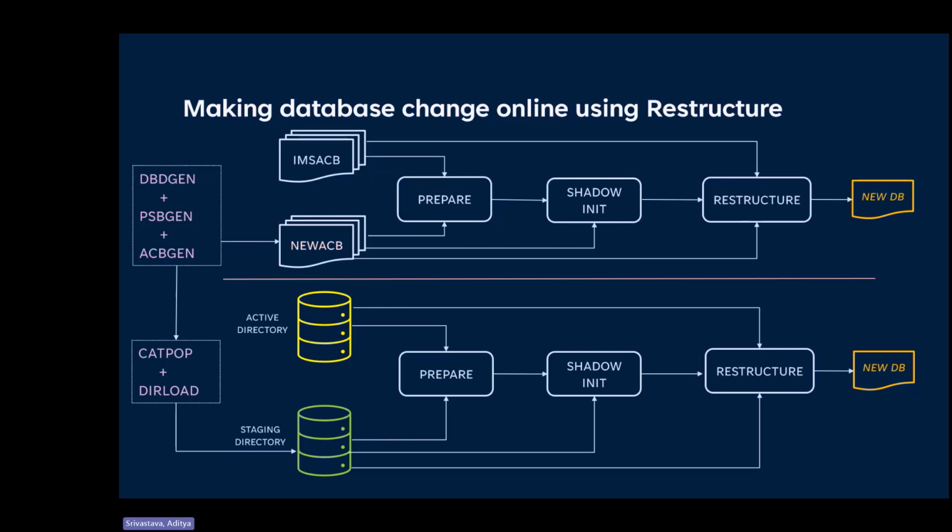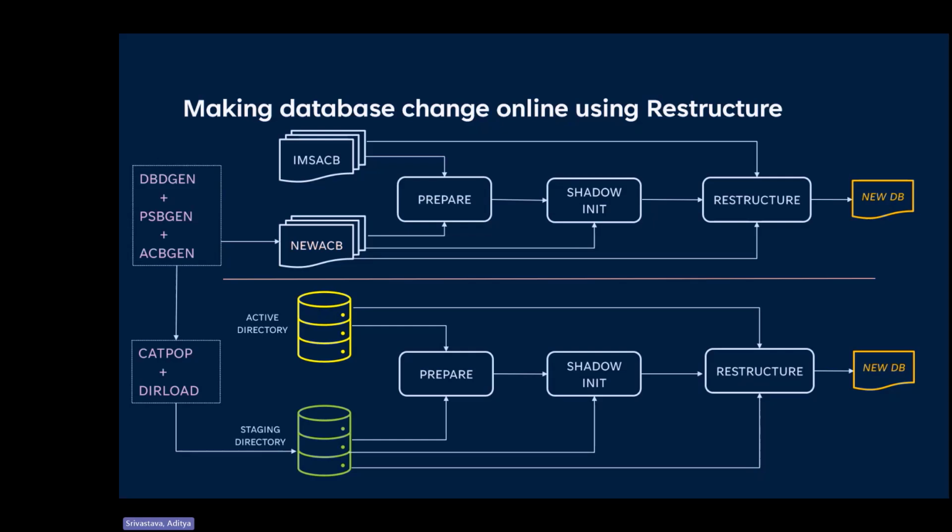The utilities are designed by default so that most of them read from the active directory, but there is a keyword, CATALOG_DIRECTORY, which can be used to control whether you want to read from the staging directory. We are also working on some type of fallback mechanism which will be added in support soon.